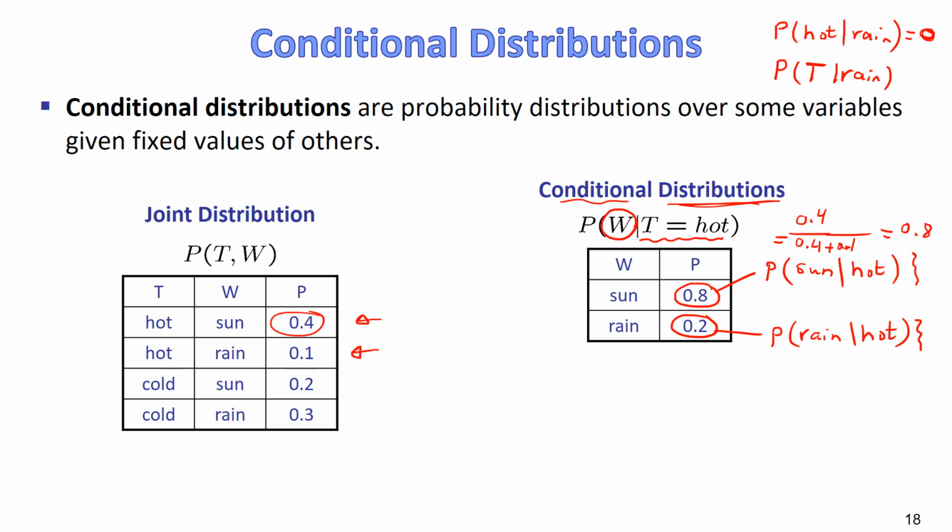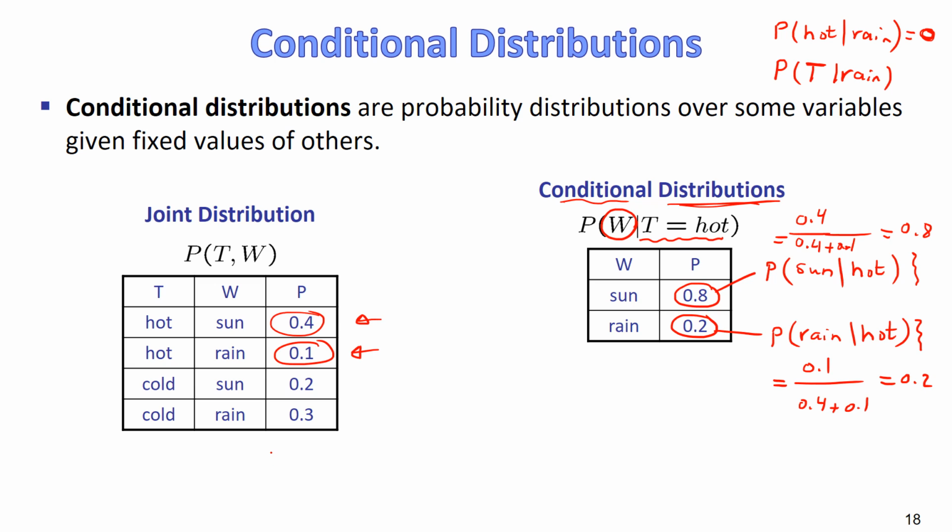How about probability of rain given hot? Again, it will be the joint probability, rain and hot. That is 0.1, divided by the probability of hot, which we already calculated, 0.4 plus 0.1, which is 0.2.